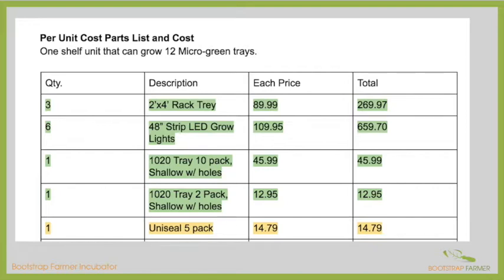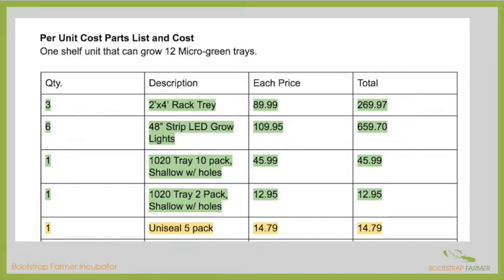If you're building 2 racks, you may want to look at just getting a 30 pack. Depending, again, you have to make this your own. And then this orange line is that Uniseal 5 pack from Amazon, $14.79 at the time we looked at this.